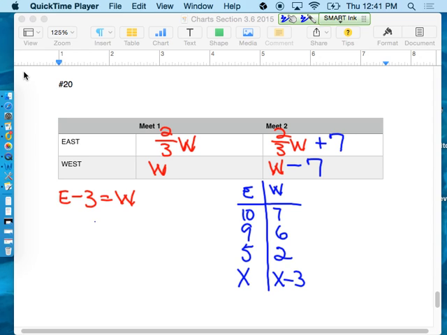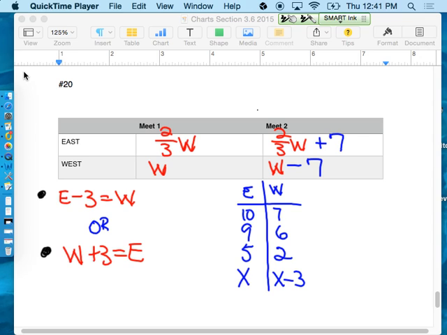Or I could say, had West scored 3 more points, then they would be equal to East. So West plus 3 more points, then they would have had the same score as East. So choose the math model that you're the most comfortable with, either this version or this version, it doesn't matter.